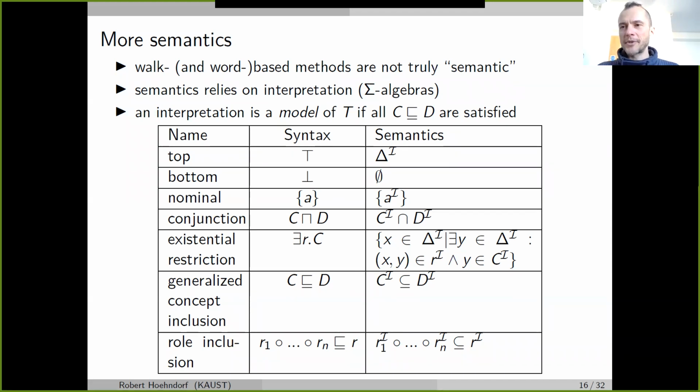So in order to capture the semantics, what we would need to do is to translate the syntax in this table here into the semantics. So I repeat this here. It's only a fragment. It's not even all of ALC. It's for a language called EL. It's a standardized part of the Web Ontology Language called OWL 2 EL. It's one of the profiles. It has a number of properties.